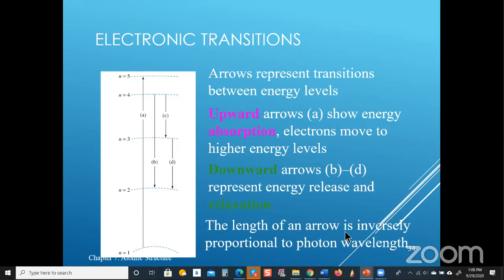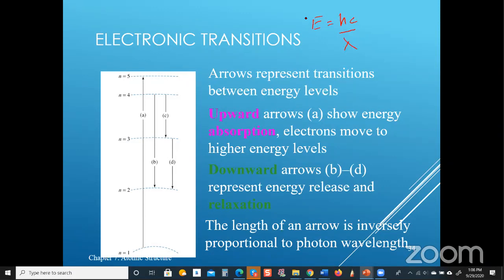Now down here, there's an important point being made. It says that the length of an arrow is inversely proportional to the wavelength of the photon. That's because, if you remember, the energy is equal to hc over lambda, right?